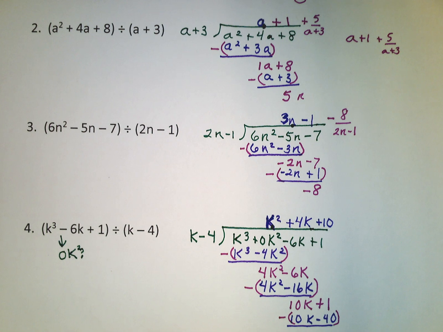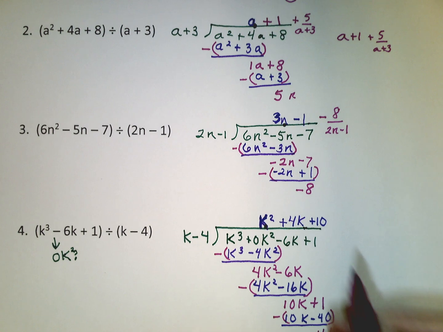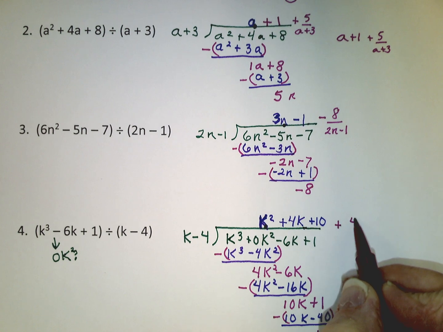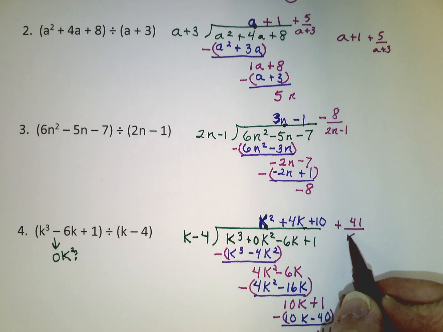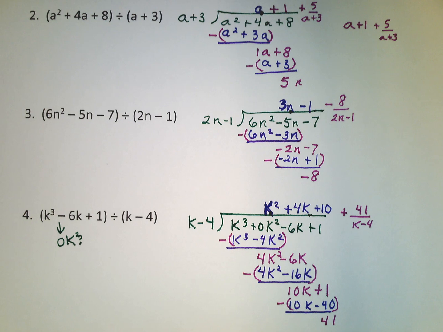The 10k's cancel out. 1 minus negative 40 is the same as 1 plus 40. So our remainder is 41. It's a positive 41. We could write it as plus 41 over k minus 4. And that would be it.